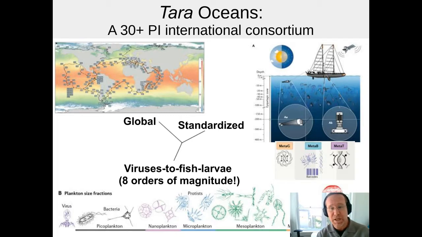We'll see a picture of it in a minute that has all kinds of instrumentation measuring down through the water column and specifically looking at both imaging and sequencing data. And then at the bottom, you can see we studied 8 orders of magnitude of ocean organisms, from viruses to fish larvae. This is really a large scale to try to capture biologically and globally.